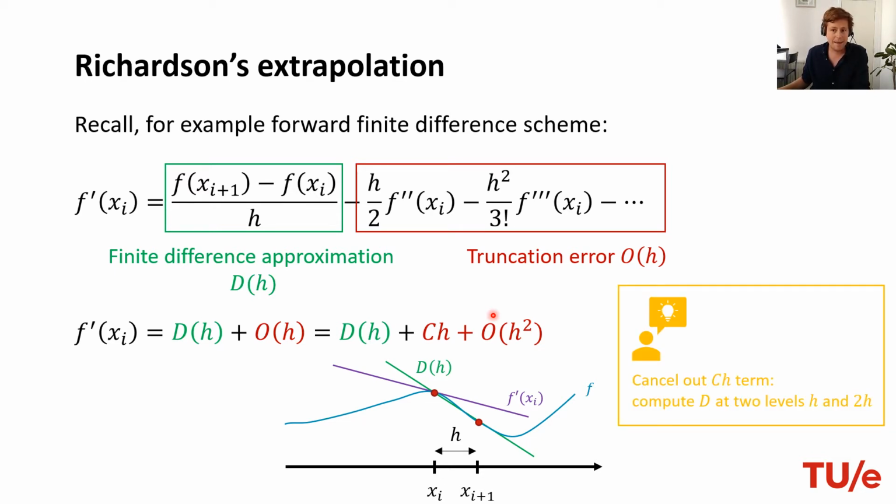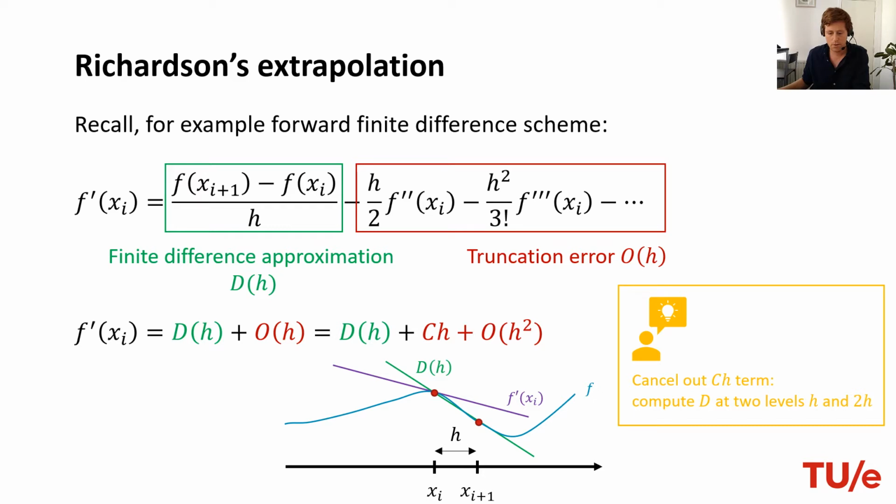The idea that we now have is to compute this D at two levels, namely h and 2h, because they should both approximate the same value of the derivative on the left-hand side. And in doing so, we try to combine those two formulas to cancel out this leading order error term.